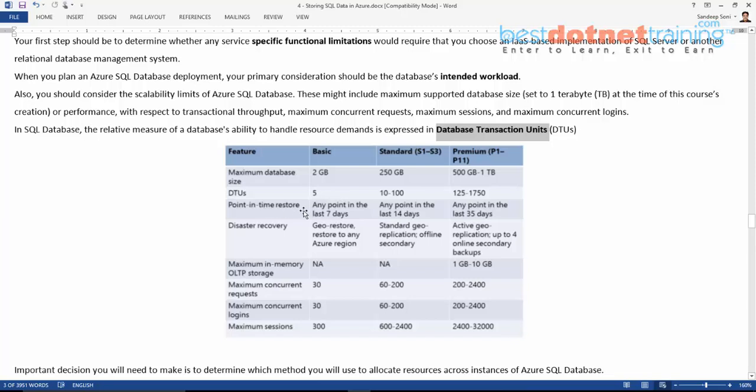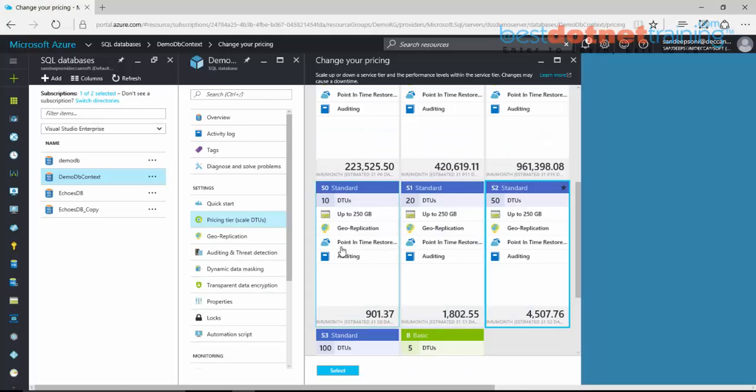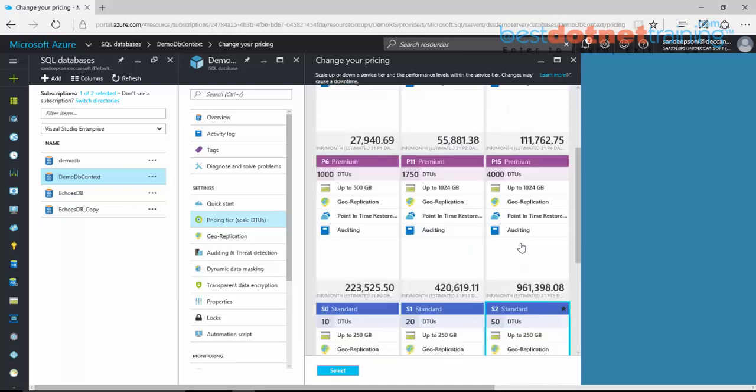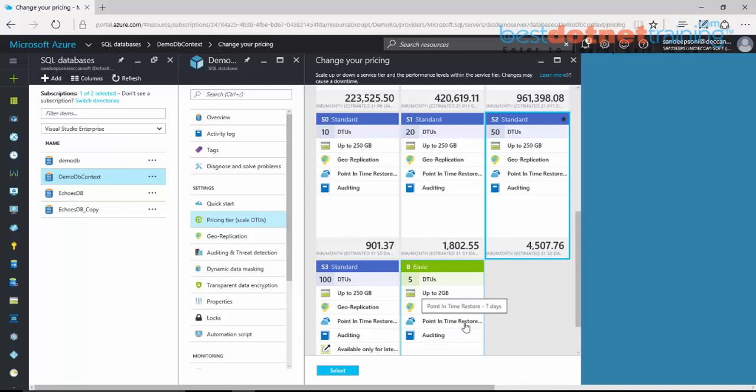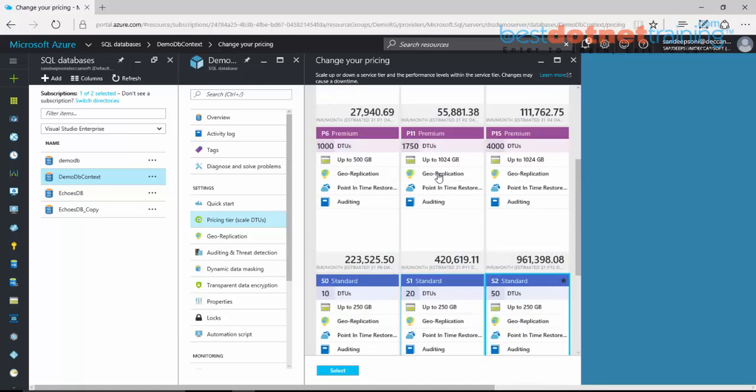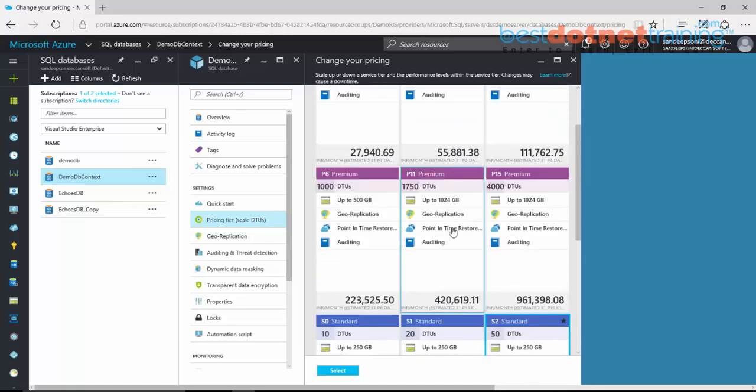Also, what is different is point in time restore. You see here, there is a point in time restore facility in almost all cases. But the difference is that in basic point in time restore is 7 days, whereas in standard we have got 35 days. Same is the case with premium also, 35 days. What does it mean?